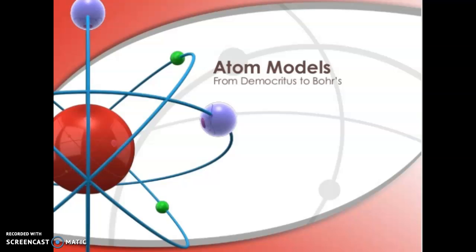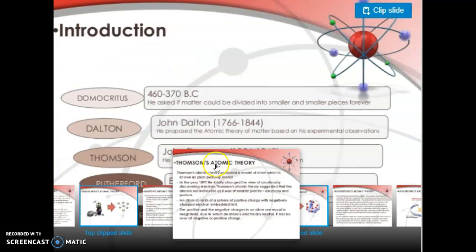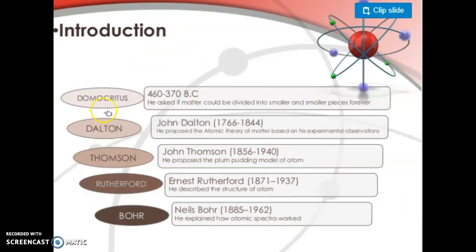In the previous video, we discussed Rutherford's gold foil experiment. We discussed its model also. In today's video, we will discuss the various atomic models given by various scientists. This is the introduction of today's video.